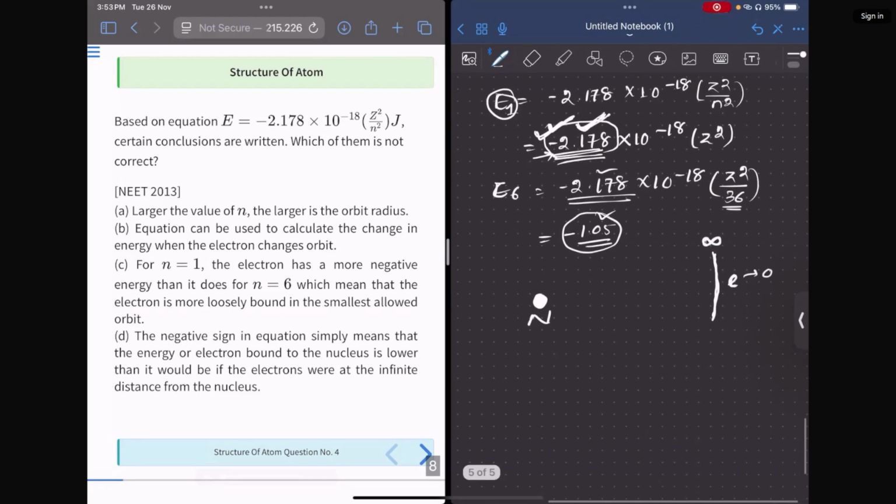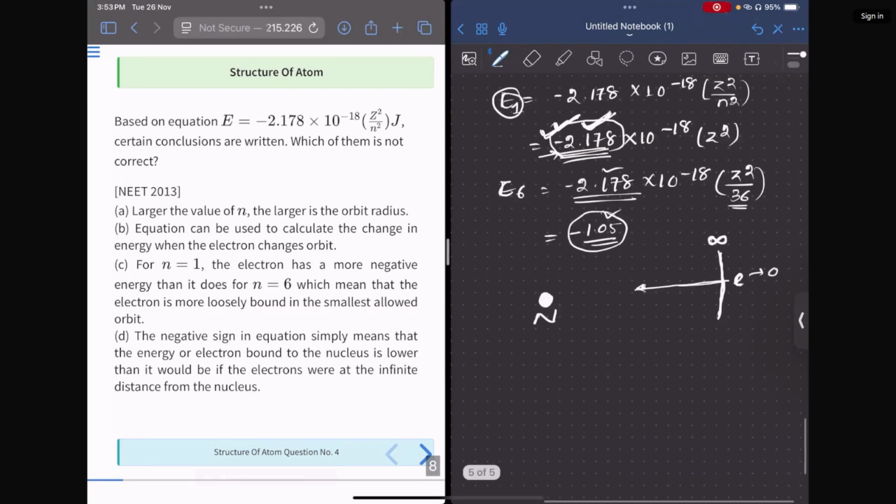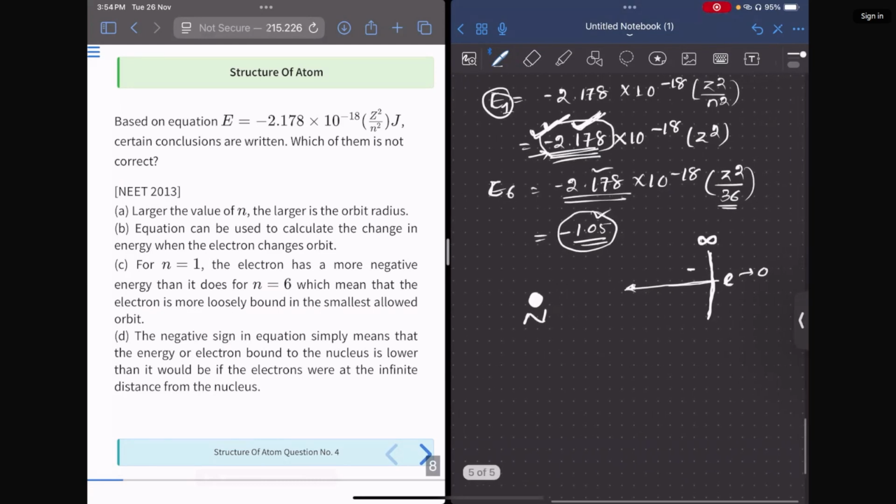The more you move the electron closer to the nucleus, the more negative it gets. Suppose here the electron has minus 0.5 joule energy, here it will be minus 0.8 joule, here minus 1.28 joule. The more you move closer, the more negative the energy value.